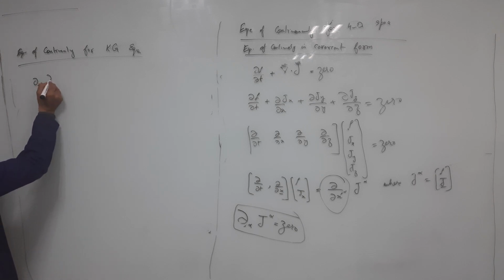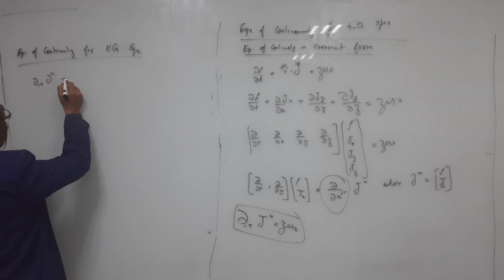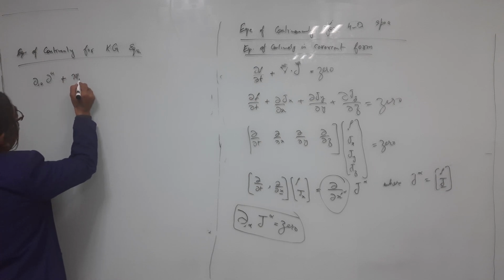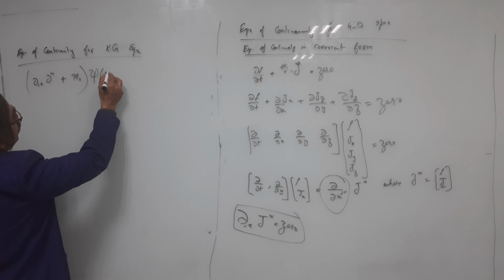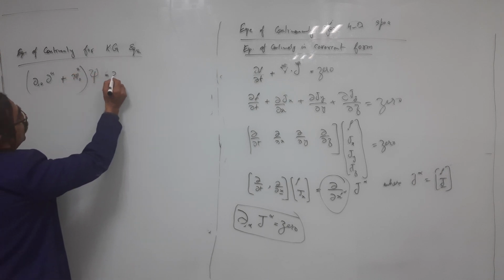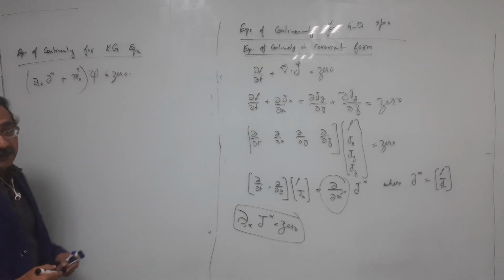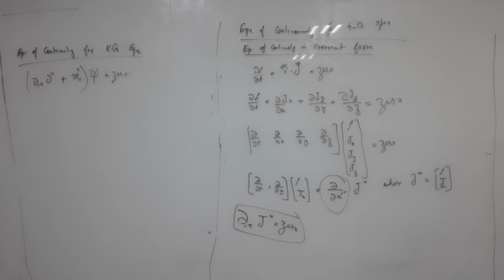Del mu del mu psi plus m naught square psi is equal to 0. This was the KG equation.